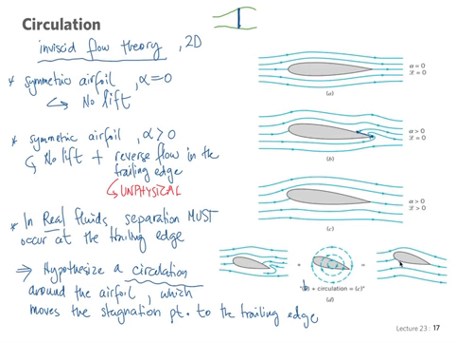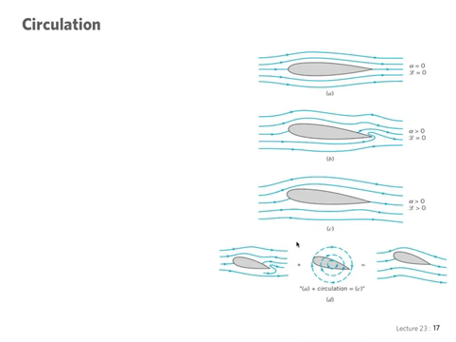The next add-on to this is, well, we said that the theory is made to agree with the physically observed phenomena by adding the circulation, and then we have what is called the Kutta condition. So this is the Kutta condition.